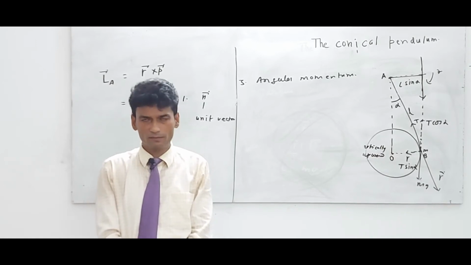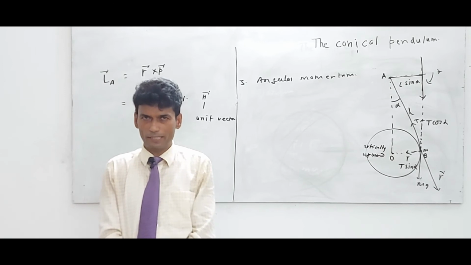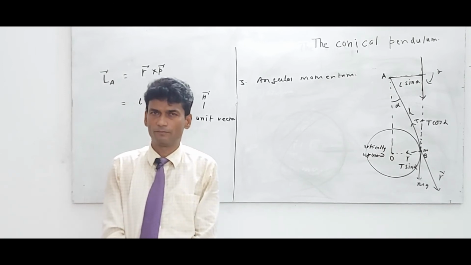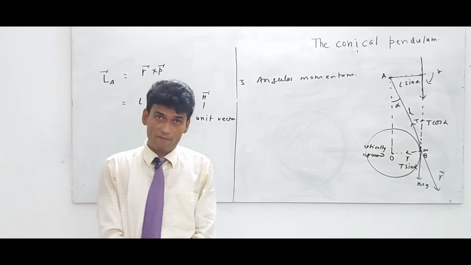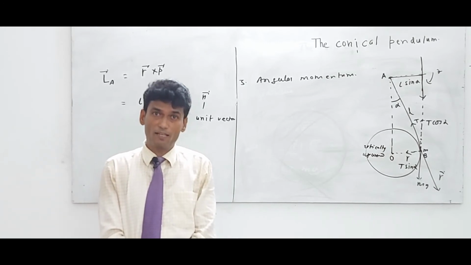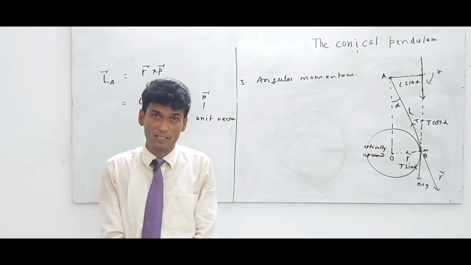In other words, if a vector rotates by a very small angle, what will be the change of that? I can discuss that here.